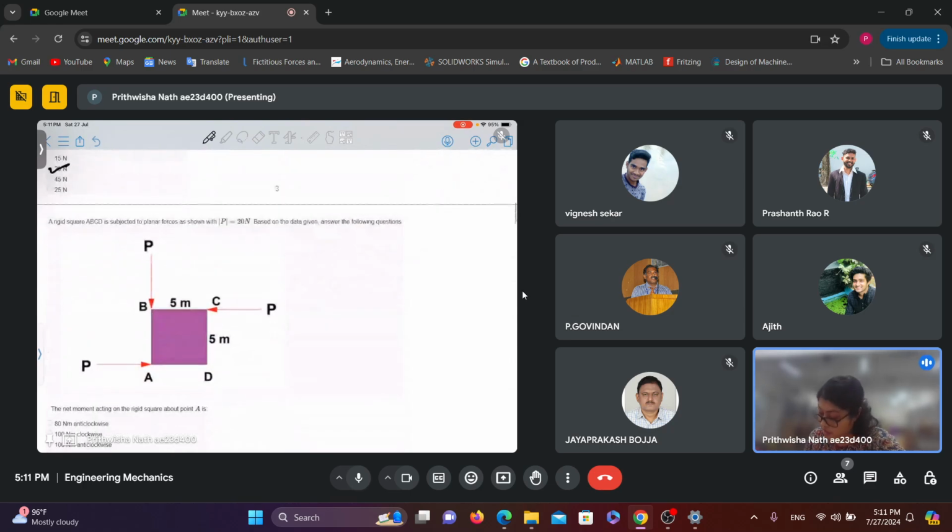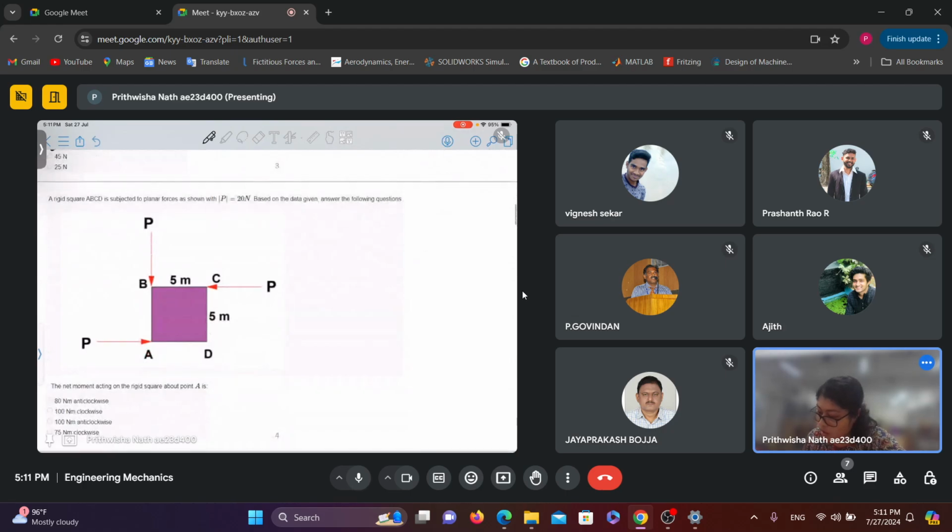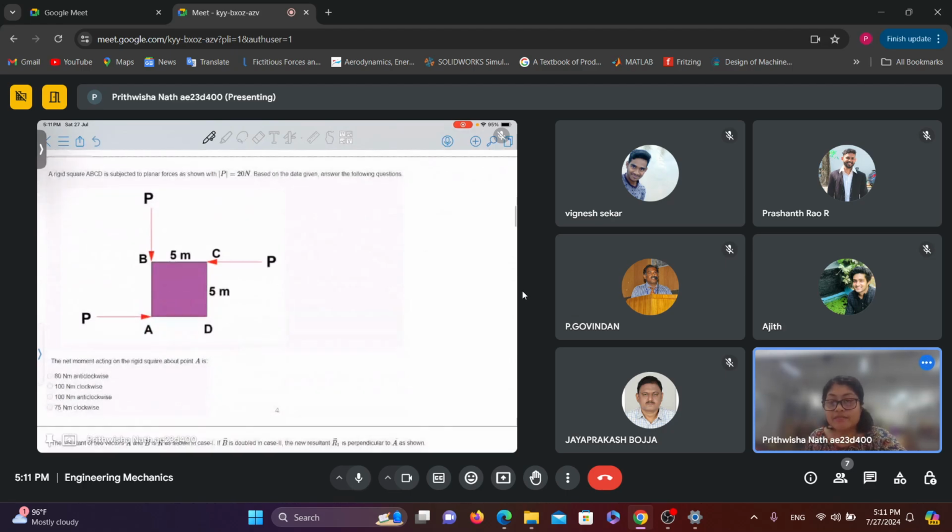For the same question, we need to find the net moment acting on the rigid square about the point A. About this point we need to find the moment. Which force will contribute to the moment about point A?